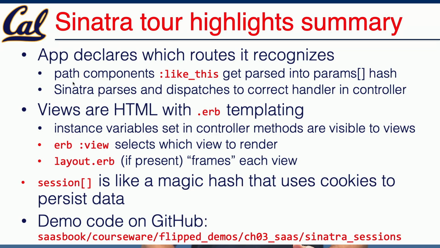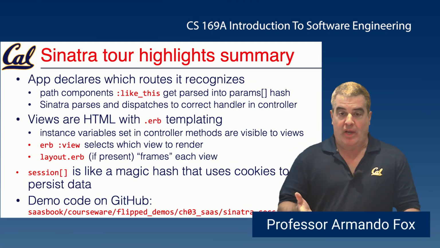We also saw the session, which behaves, or I would say quacks like a hash, whose contents are magically persisted across requests. And it does this by essentially packaging the stuff you put in there into a cookie. When the browser passes that cookie back into Sinatra, it will unpack the objects in the session and make them available to you through this hash-like thing. And in fact, I encourage you to try this out.